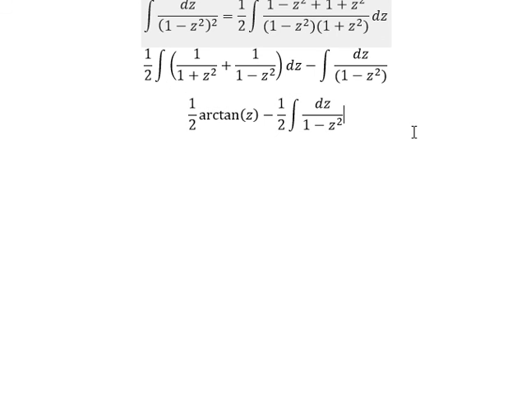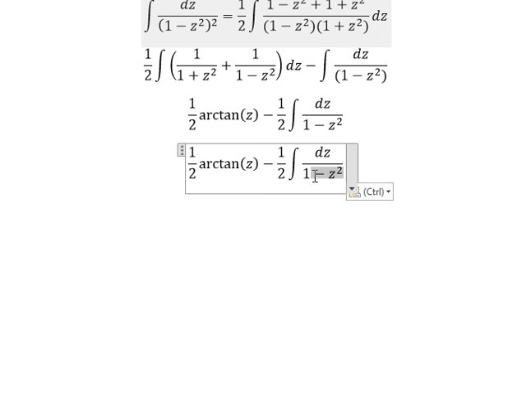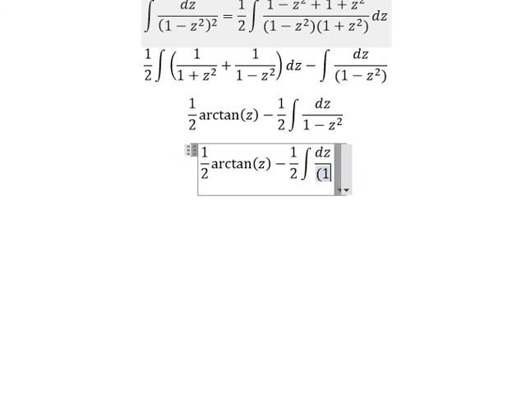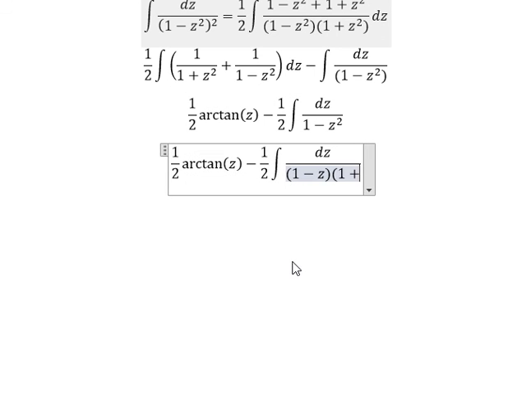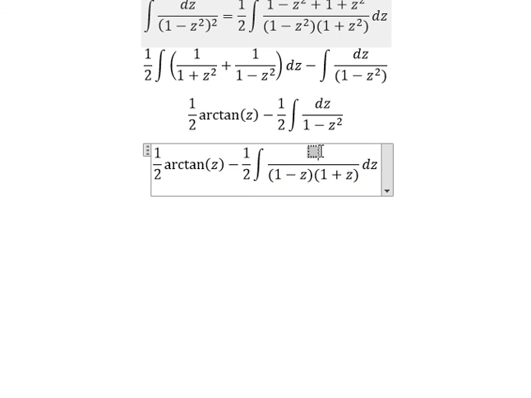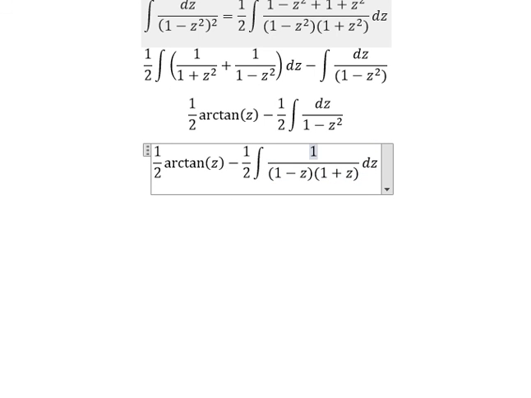Next, this one we can separate into 1 minus z multiplied by 1 plus z. On the numerator we have 1 minus z plus 1 plus z.